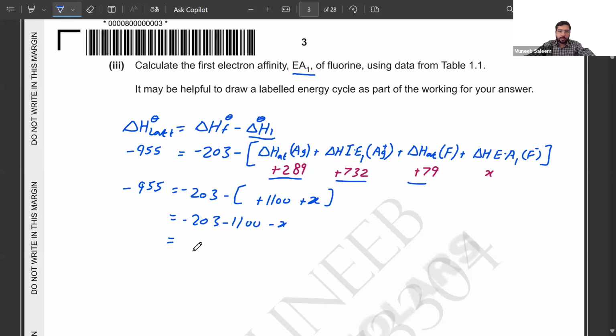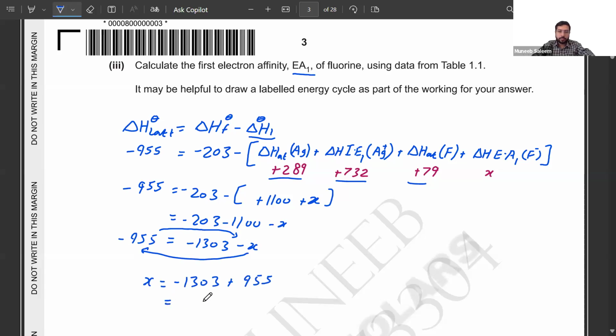So this will become minus 1303 minus X, and you just switch it to the left side. X will be switched to the left side and minus 955 is switched to the right side. When you do this, X is equal to minus 1303 plus 955.